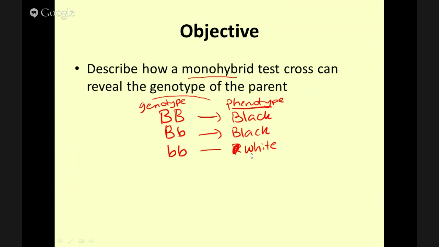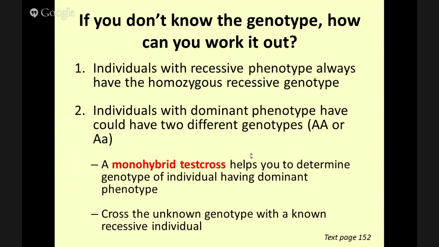So let's look at why we would need to do a monohybrid test cross. Sometimes you don't know the genotype of your parent, but you can work it out by looking at your offspring. Individuals or organisms that have the recessive phenotype always have the recessive genotype.